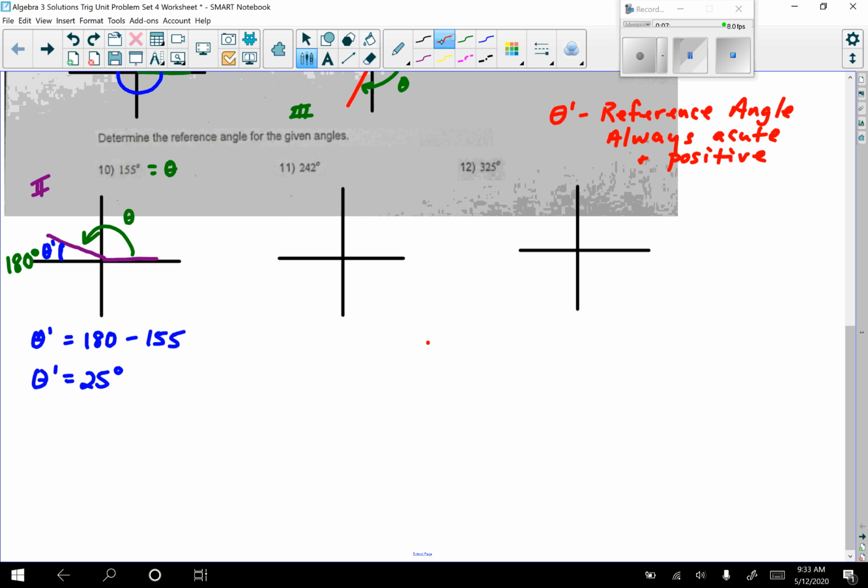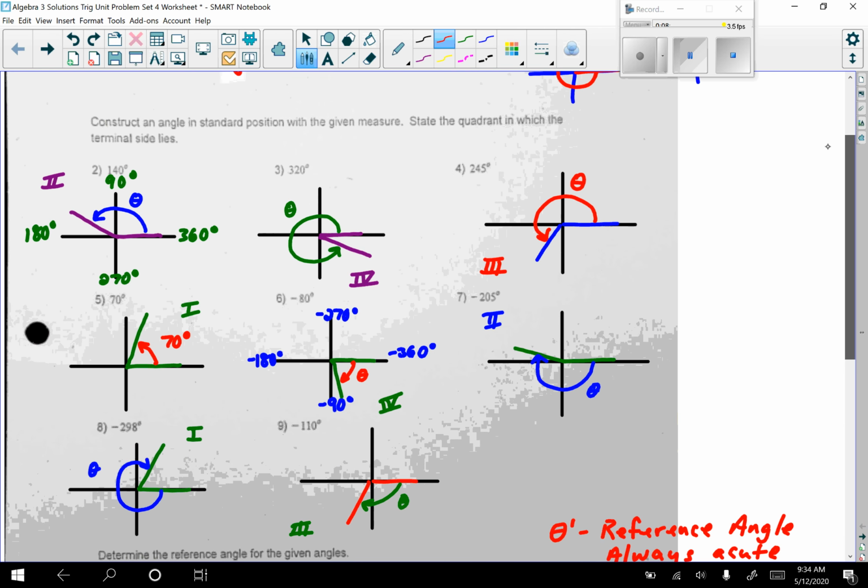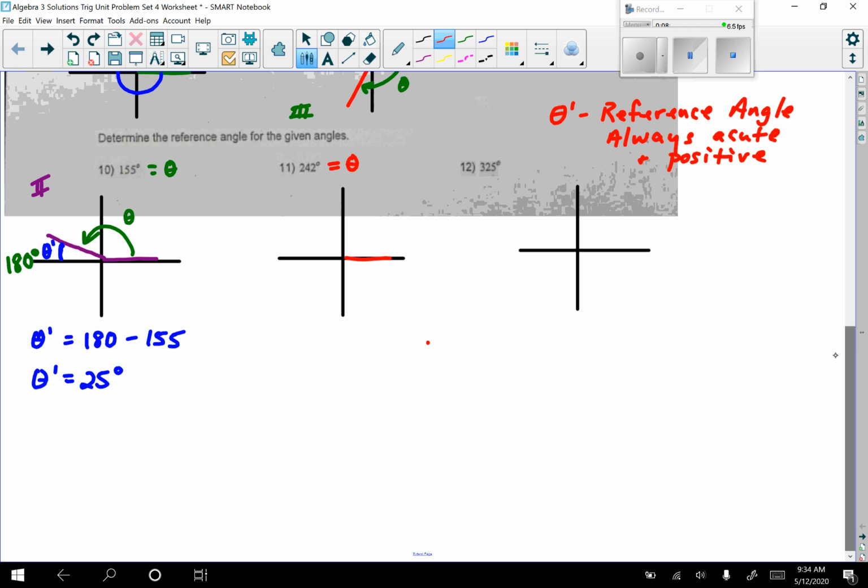All right, so for 242, again, this is theta. Draw my initial side here, 242. Again, I'm just going back up to number 2 to show the angle markings here. 242 is going to be in the 3rd quadrant. My terminal side, that is. So I'm still basing this off of 180. So my terminal side, right about here. So again, this is theta.